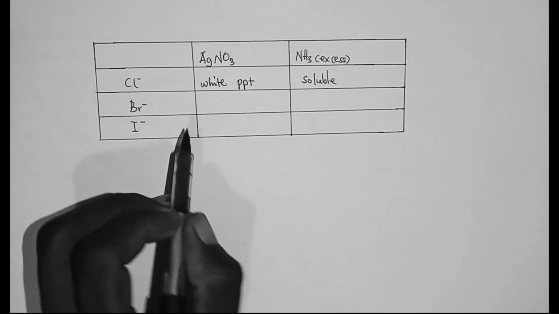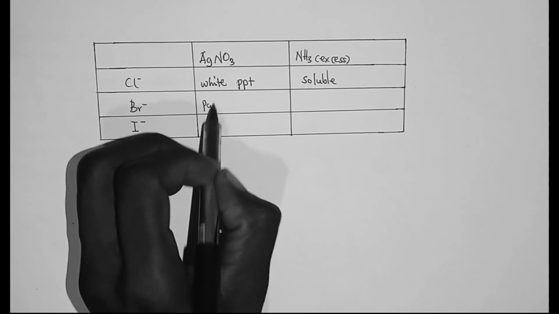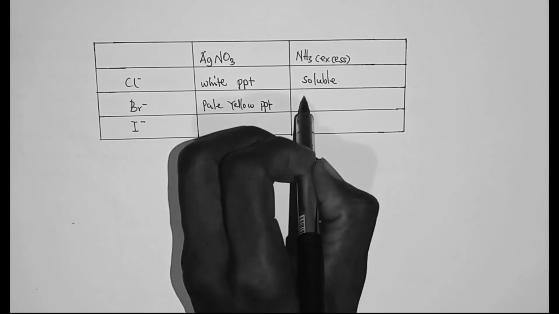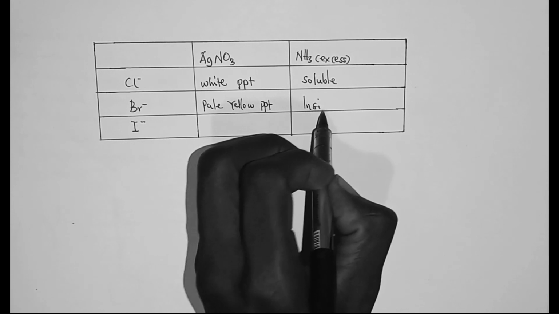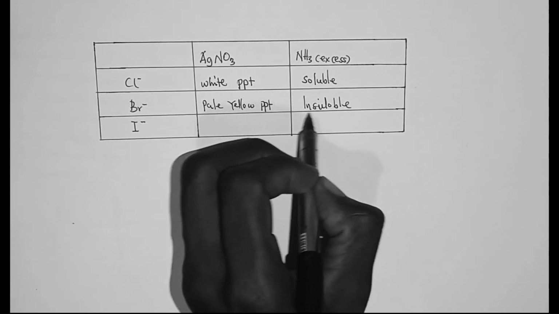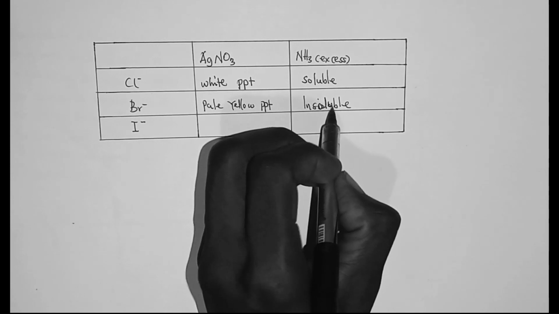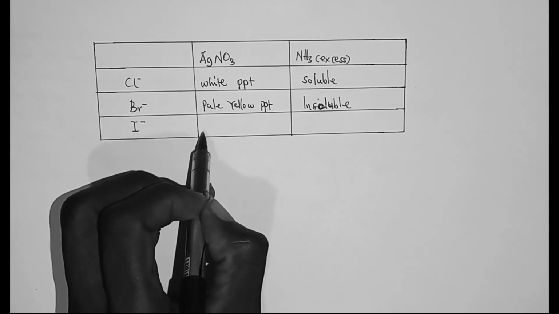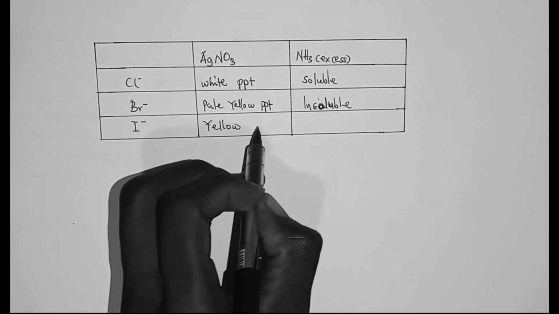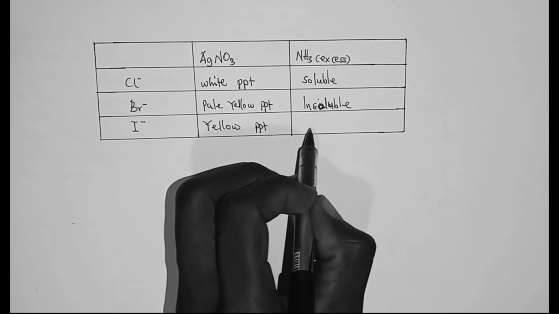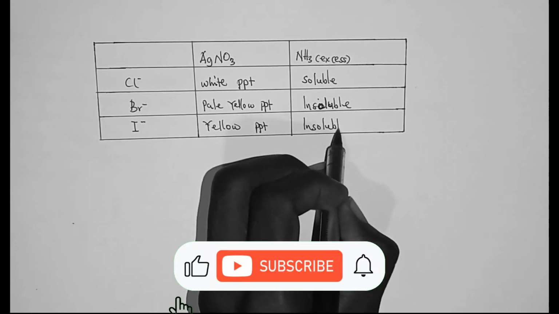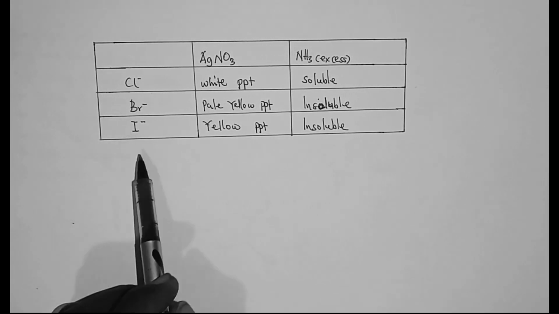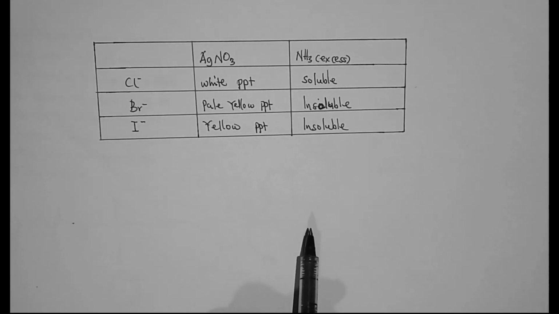But for bromide ions in nitric acid, you are going to observe a pale yellow precipitate. And then in excess ammonia, bromide ions are insoluble. Then for iodine, you observe a yellow precipitate. And then in excess ammonia, it is also insoluble. So this is how you can differentiate between chloride ions, bromide ions, and iodide ions in an organic compound.